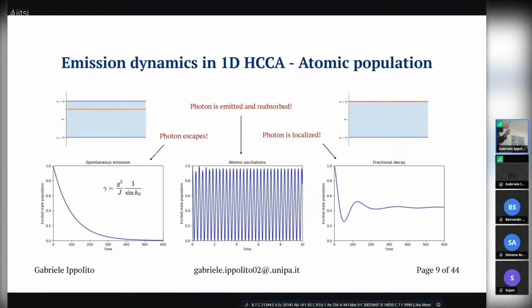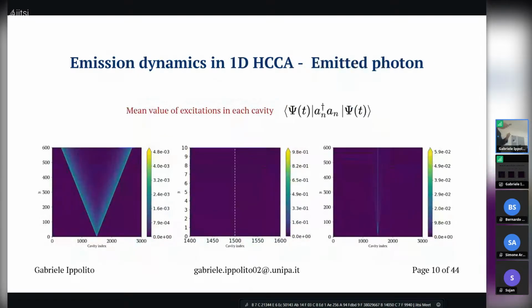Basically, this means that the photon is emitted and stays still in the cavity with the atom. It doesn't propagate. We can observe this behavior directly by analyzing the so-called photon density, which is nothing but the mean value of excitations in each cavity.